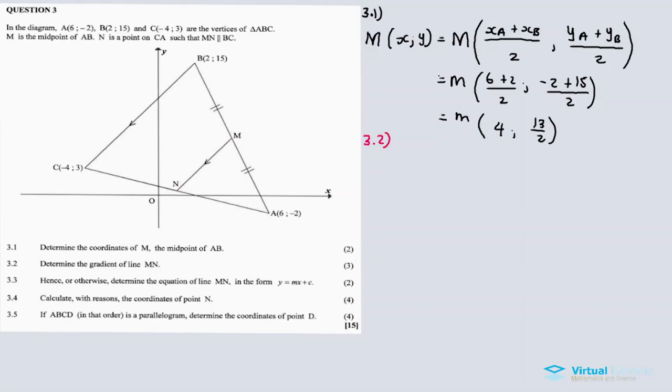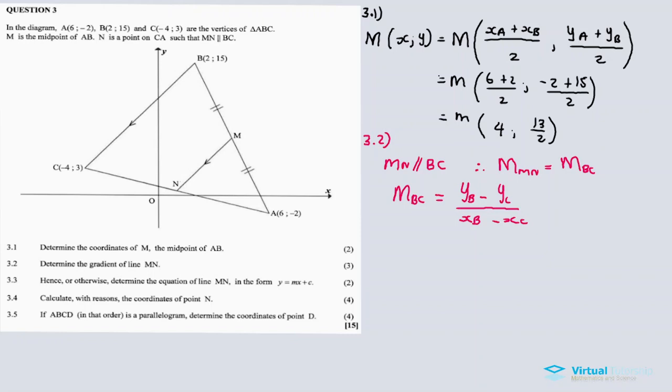So we know that MN is parallel to BC. It means the gradients are equal for line MN and line BC. So to calculate the gradient of MN, you use the gradient of BC. The gradient of BC is YB minus YC over XB minus XC.